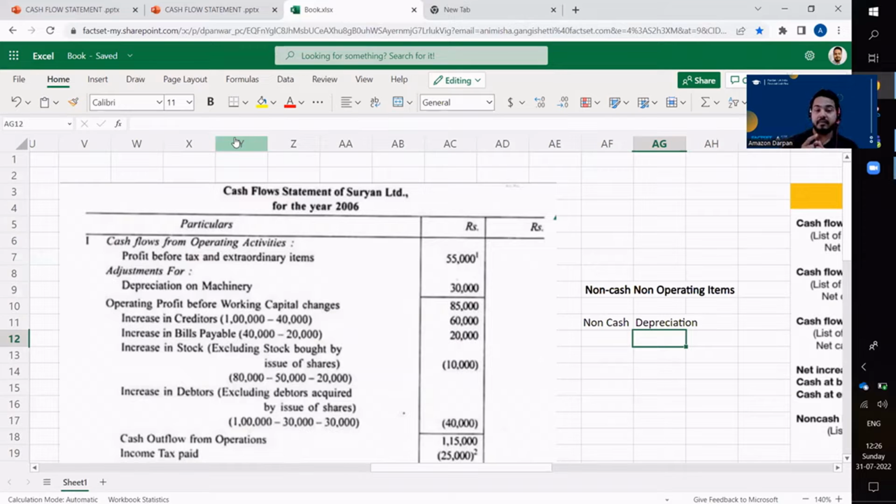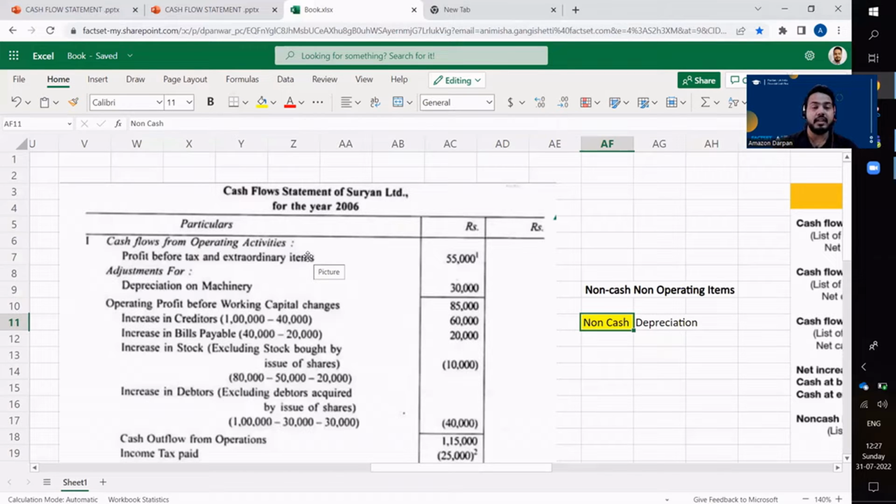But whenever we are computing depreciation, are we paying anyone? There is no movement of cash from your pocket to anybody. So for that reason, we call it a non-cash expense. It is an expense which we are recording in our books, but the actual flow of money is not there.